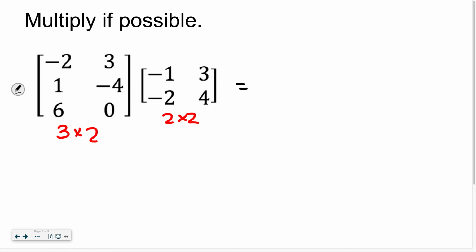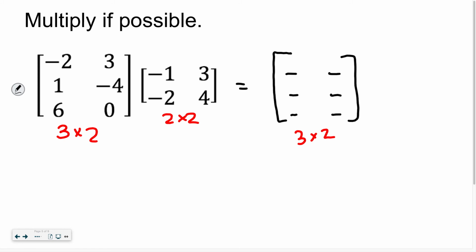So the answer is going to be what dimensions? Another 3 by 2. If you know it's 3 by 2, you know it has 6 entries, right? 2 entries per row, and there are 3 rows. I like to think about that so I know at some point I have to write down a number.